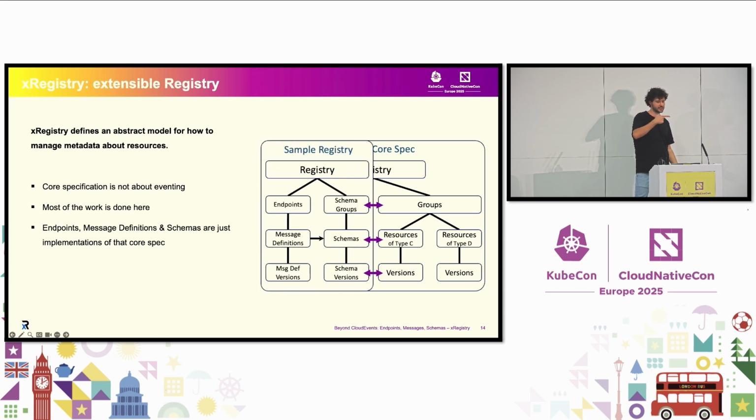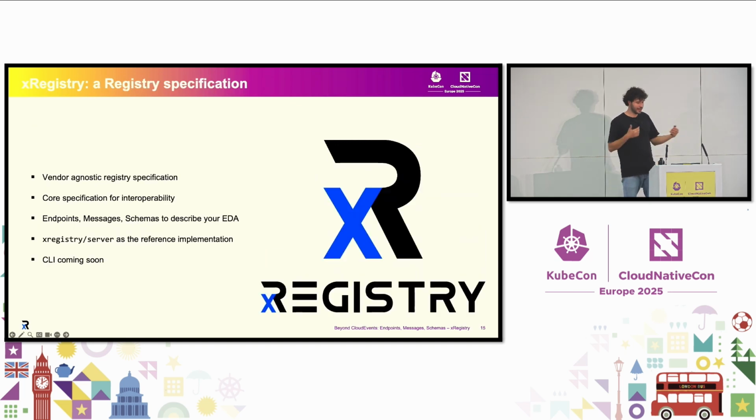So if I just slide that model from the slide before in, you can see that the schema groups are on the groups level, the schemas are on the resource level, and the schema versions are on the version level. So what we have actually created, or what we aim to create, is a vendor-agnostic registry specification that can be adopted by any other vendor as well without breaking their business model.